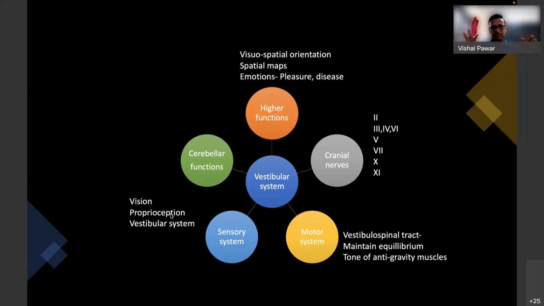Once the cerebellum is sure that all the inputs are matching, there is no sense of vertigo and no sense of imbalance. When there are altered signals, visual versus vestibular or visual versus any of these three systems, then the cerebellum creates a sense of imbalance, dizziness or vertigo.